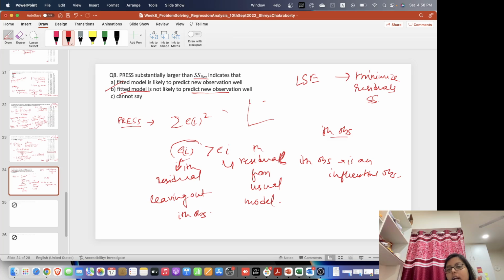It's getting deviated, like this or like this. It should be like this, but due to the presence of more and more influential observations, it is getting deviated. So it will not fit the general pattern and is not likely to predict new observations.